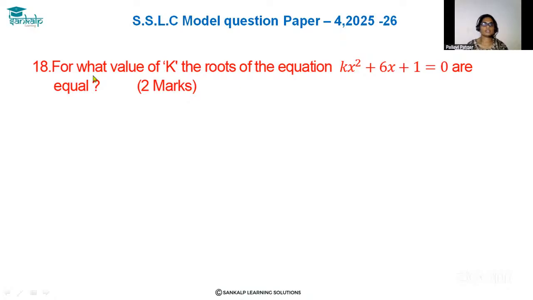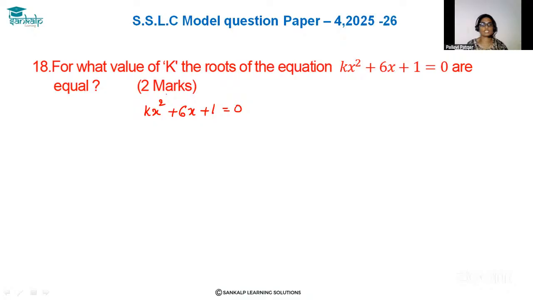Hello everyone. Look at question number 18. For what value of k are the roots of the equation kx square plus 6x plus 1 is equal to 0 equal? Here the given quadratic equation is kx square plus 6x plus 1 is equal to 0.